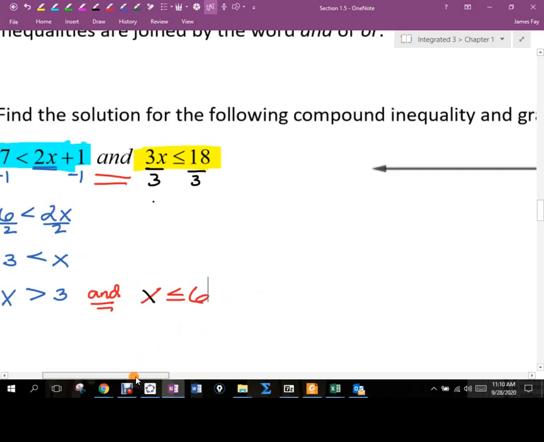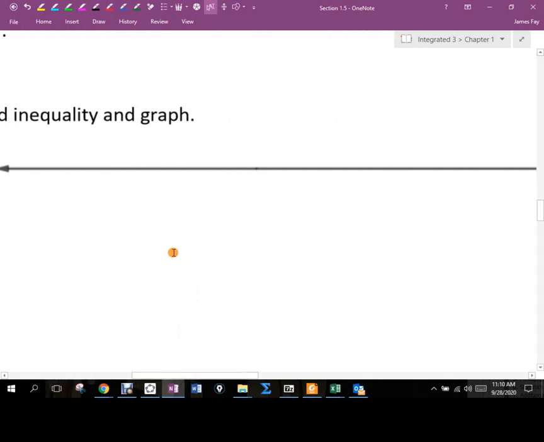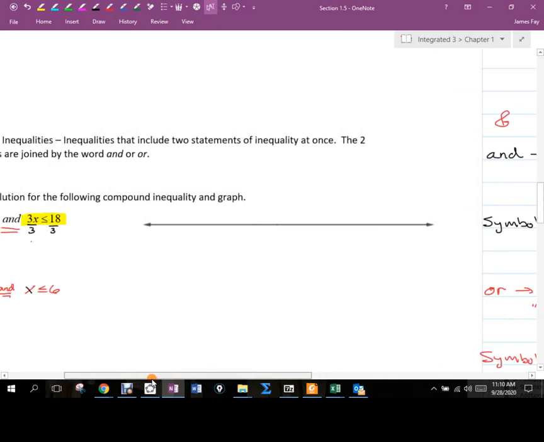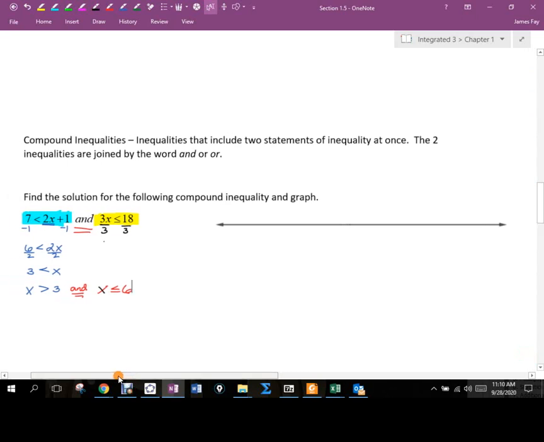So graphing these, this is the safest way to graph and statements. You're going to find these two numbers on your number line. Like I said earlier, I don't make my number lines really detailed. I don't put 0 and then 1, 2, 3, 4, 5, 6, 7, 8.